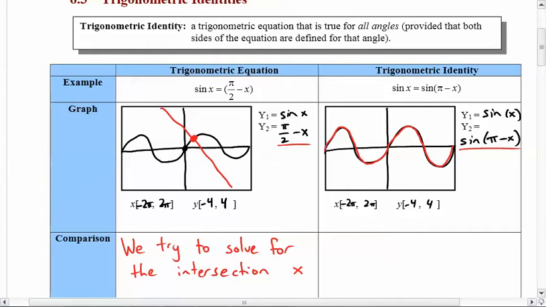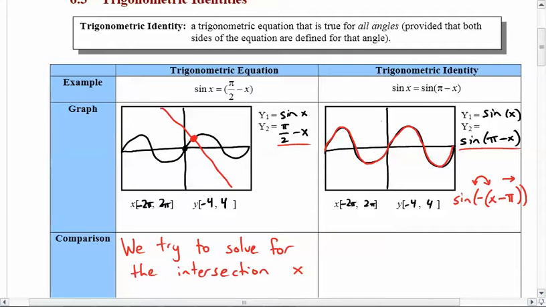Now why is that? Well, I'd have to actually factor the b value, so take out the negative sign. This is the same as sine of negative x minus pi, which is a reflection in the y-axis and then a translation pi units to the right.